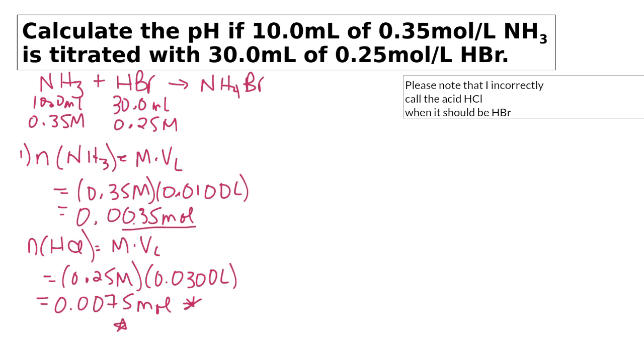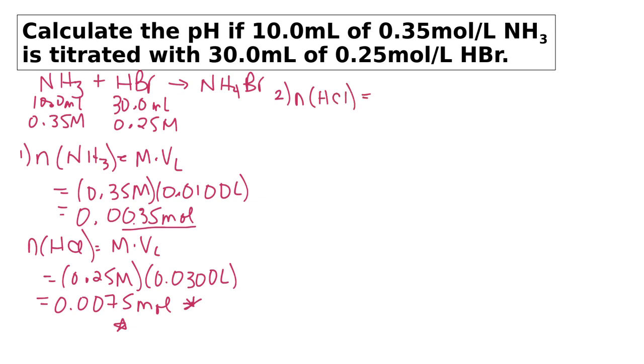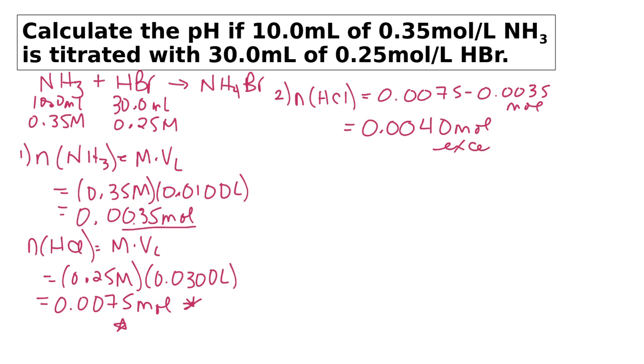So we want to calculate the excess amount of moles of HCl that is currently remaining. And in order to do that, we take the mole value of it, 0.0075, and we subtract off the moles of base that have reacted away with some of the HCl molecules. So what we have left over is 0.0040 moles in excess.